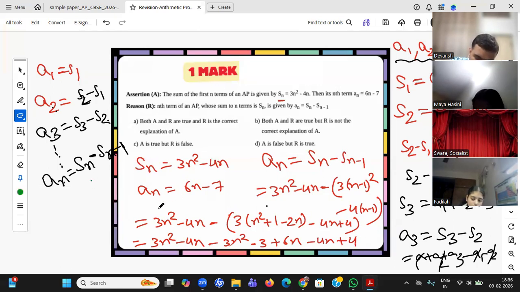What all are getting cancelled? 3n square, 3n square gone. Minus 4n, minus 4n is minus 8n, plus 6n will be minus 2n, right?